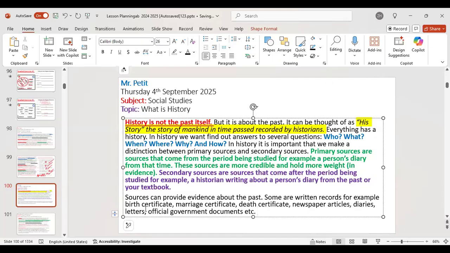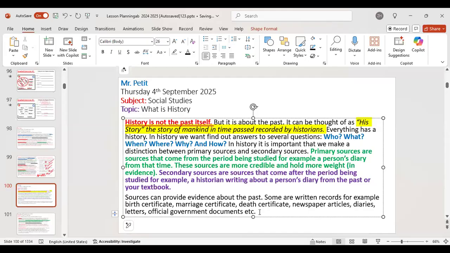Now, where can we find these things if we want to find them? Where can we find these artifacts and these different documents from the past? Where do we need to go to find them? If you want to find records and sources from the past, where do you go?